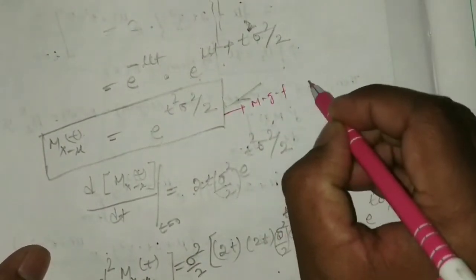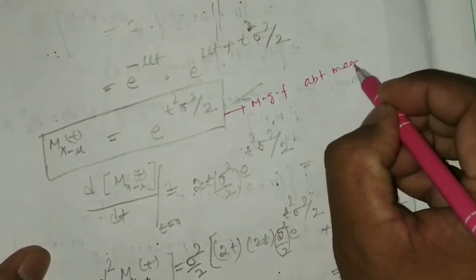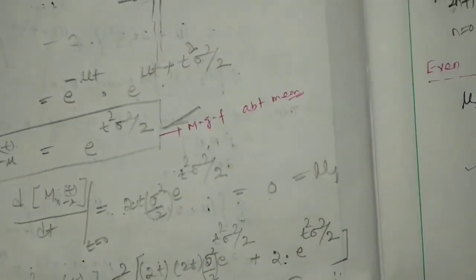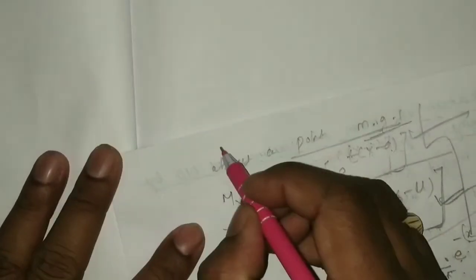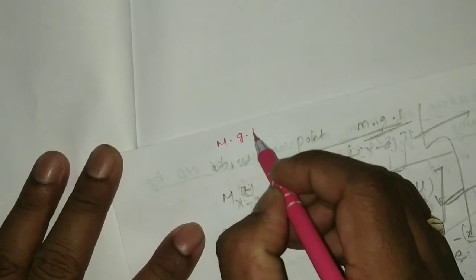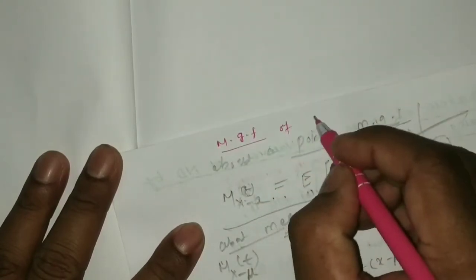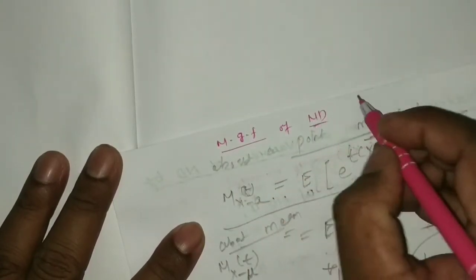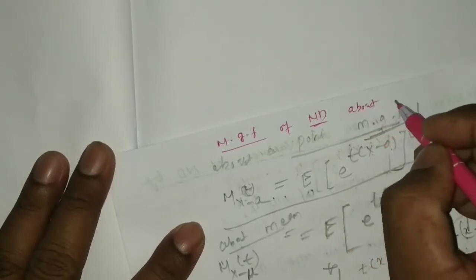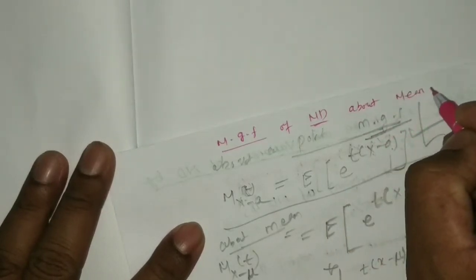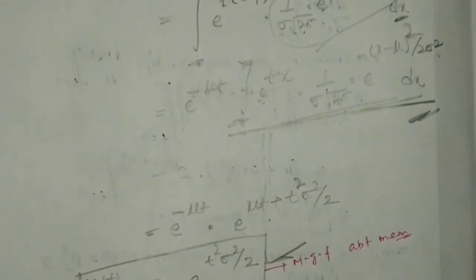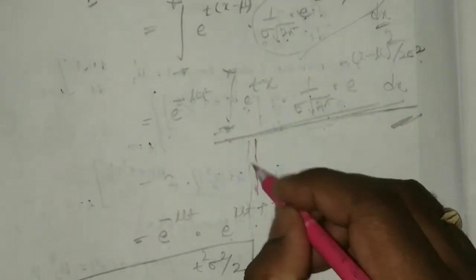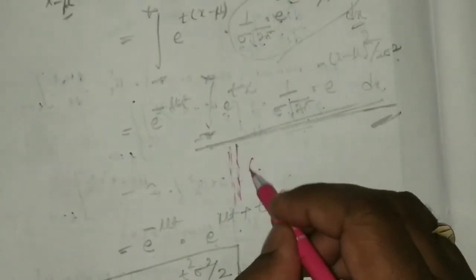So see, here I will suggest one thing, it will be better: after writing this one, put the heading MGF, moment generating function of normal distribution about the mean, and do this derivation. Each and every step I have done.